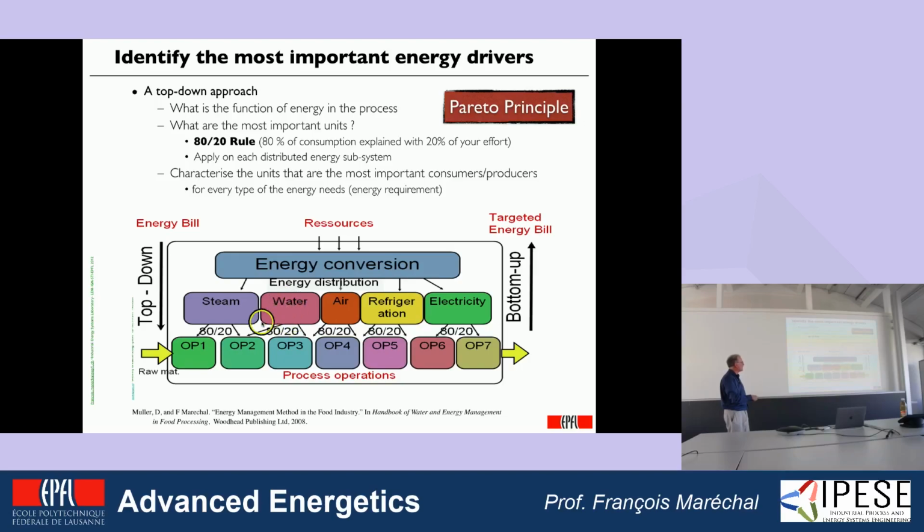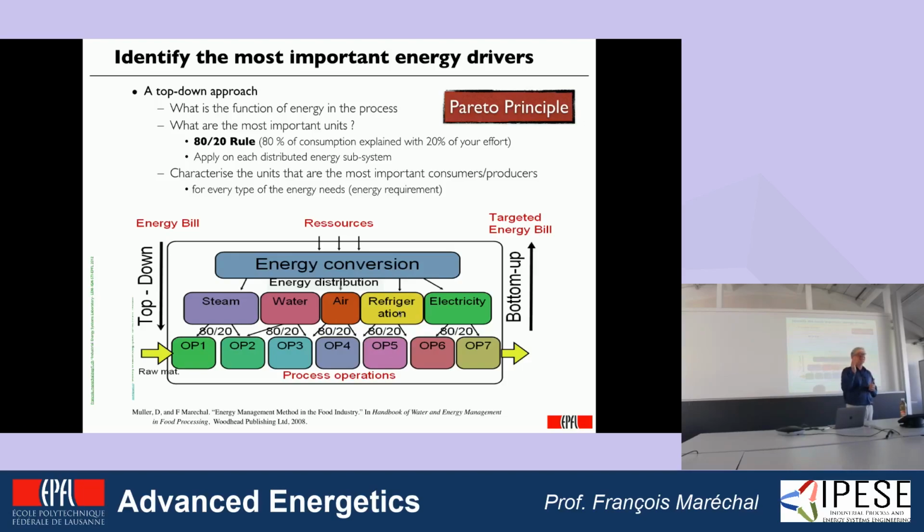But by characterizing the steam, I have perhaps already explained part of it. So I will continue. And at the end, what we have shown, it was a study we did with Nestle. We were looking at applying exactly this 80-20 rule, really pragmatic. We have shown that by only defining 30% of the process units inside the system, so 30% of all the process units, we were able to explain 95% of the bill.